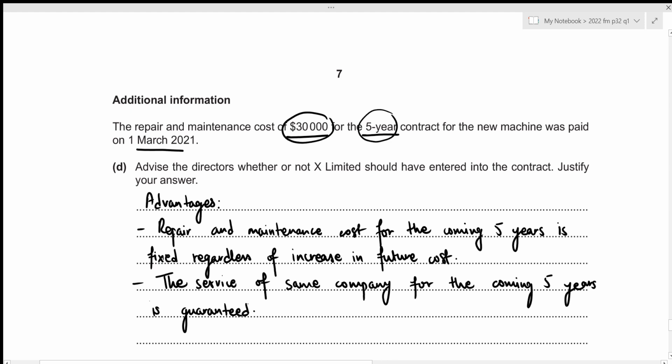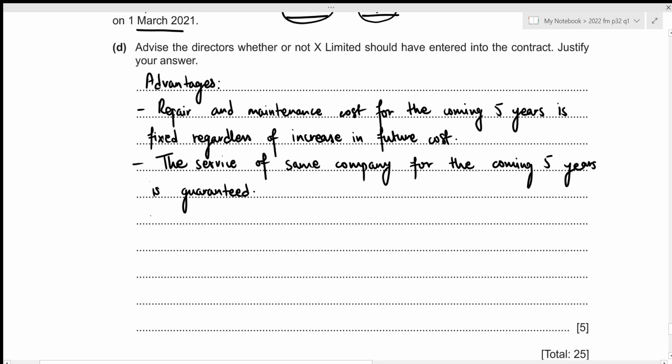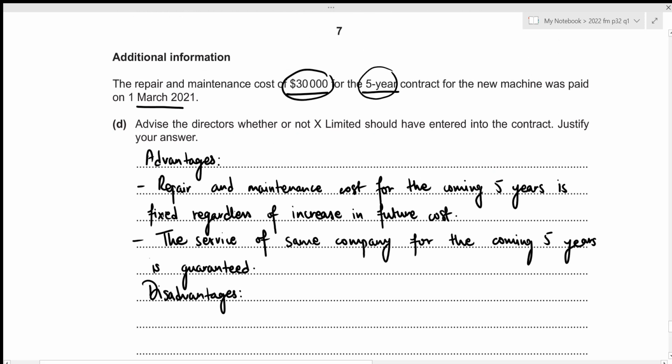Now let's talk about disadvantages as well. We are entering into a 5-year contract, which means that we are paying out this amount of 30,000 at once for the future years. So this basically acts as our prepayment, right? And this one-off payment might adversely affect the cash flow because we could have just paid it as an installment for each different year, right?